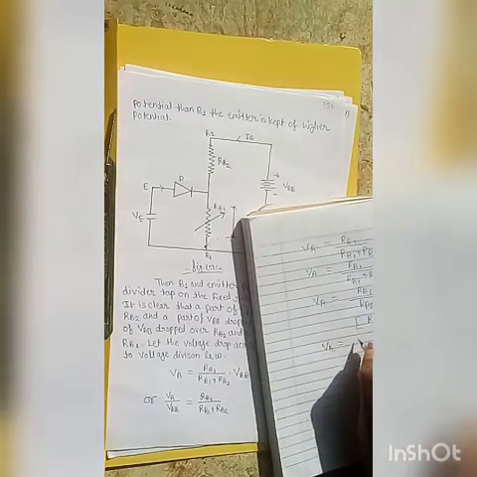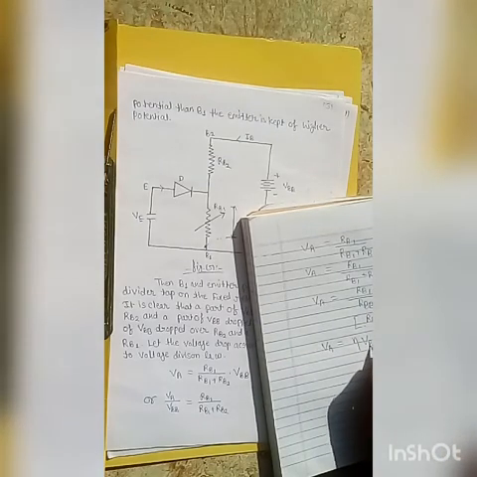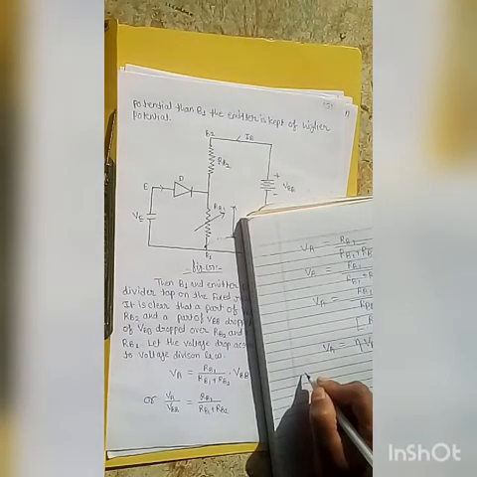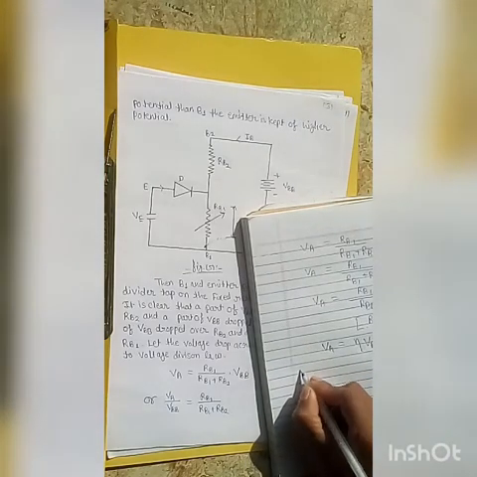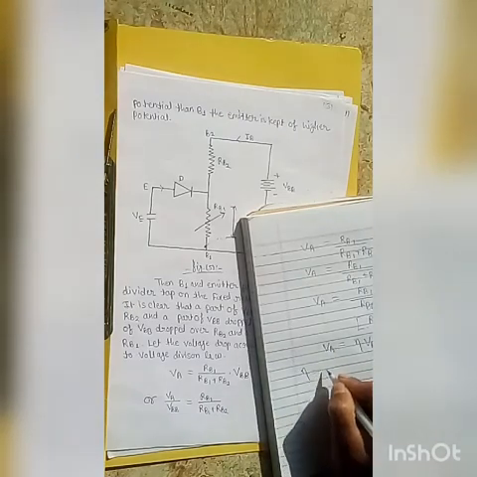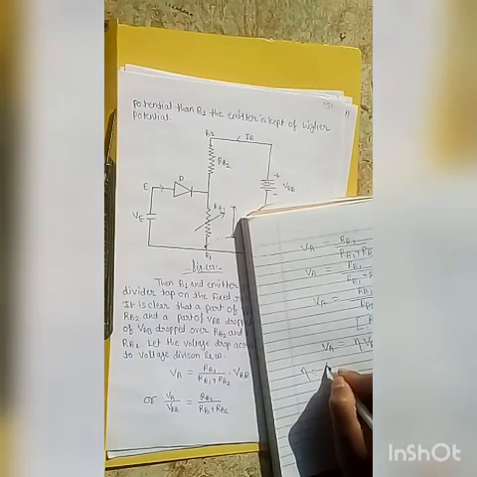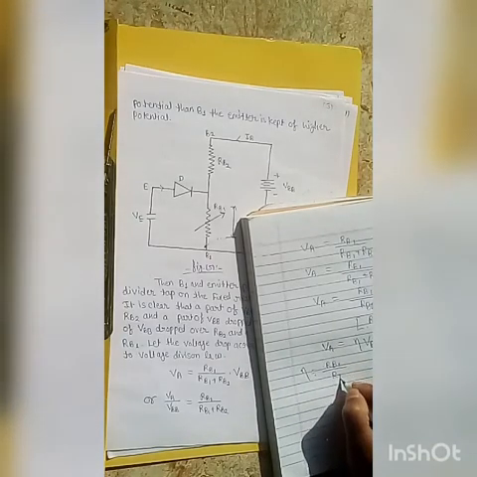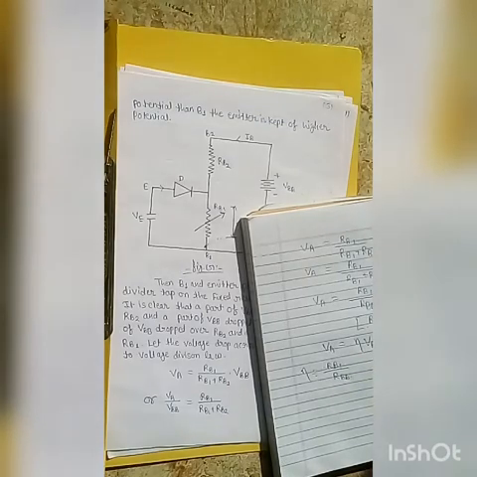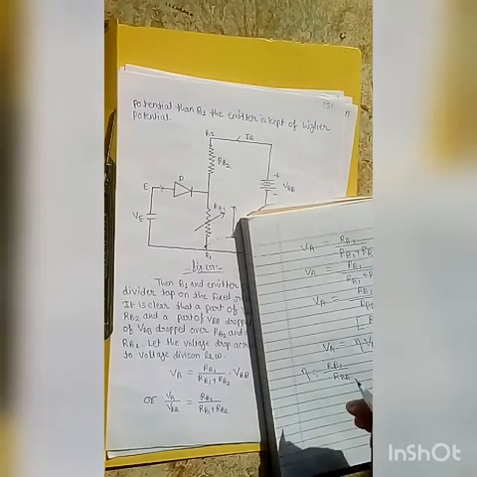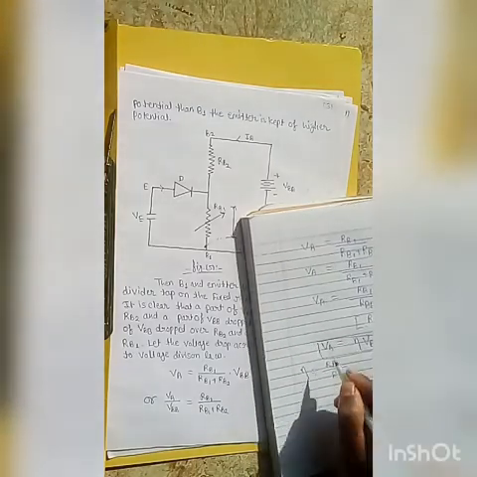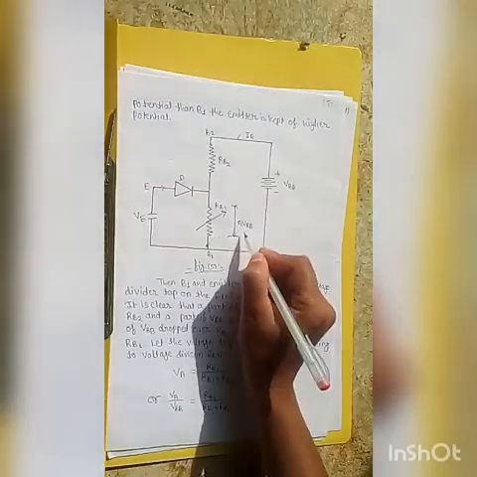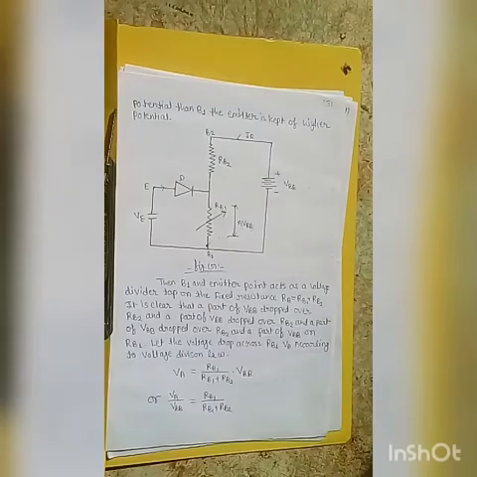VA is equal to eta VBB, where eta is called intrinsic standoff ratio, RB1 by RBB, and this is the eta VBB.